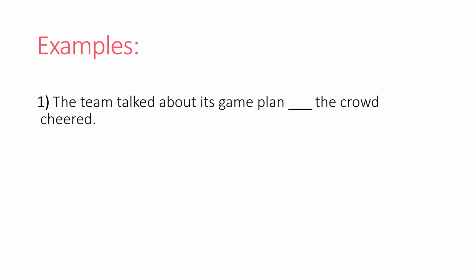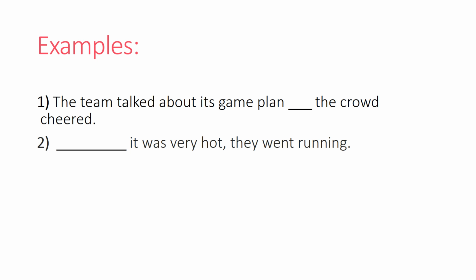Are they contrasting ideas? No. Is it additional information? No. The team talked about its game plan. And while it's happening, the crowd cheered. So, it talks about time. So, we can use as. The team talked about its game plan as the crowd cheered.